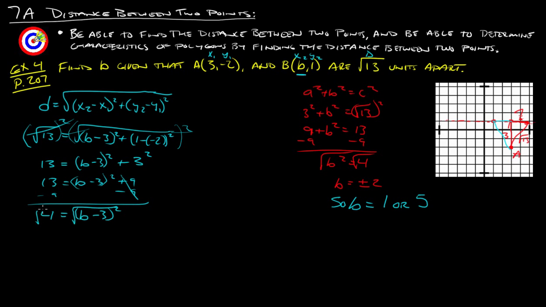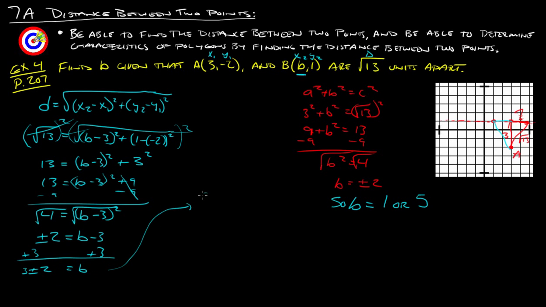To get rid of that square, we can square root both sides, and then we get b minus 3 equals, when you take the square root, it's truly plus or minus 2. And then we add 3 to both sides. So we get b equals 3 plus or minus 2.